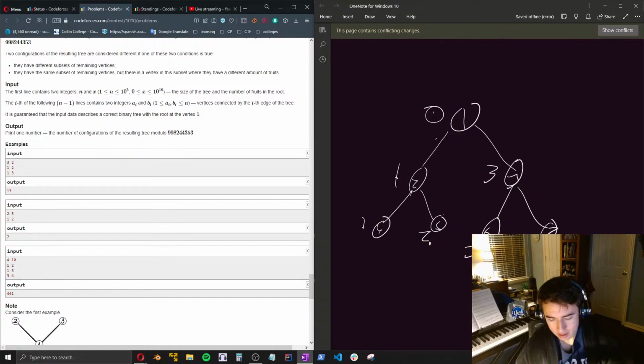So what we need is the number of ways to place values on nodes such that, let's say d1 is equal to the distance to 1, and let's mark it as 0.